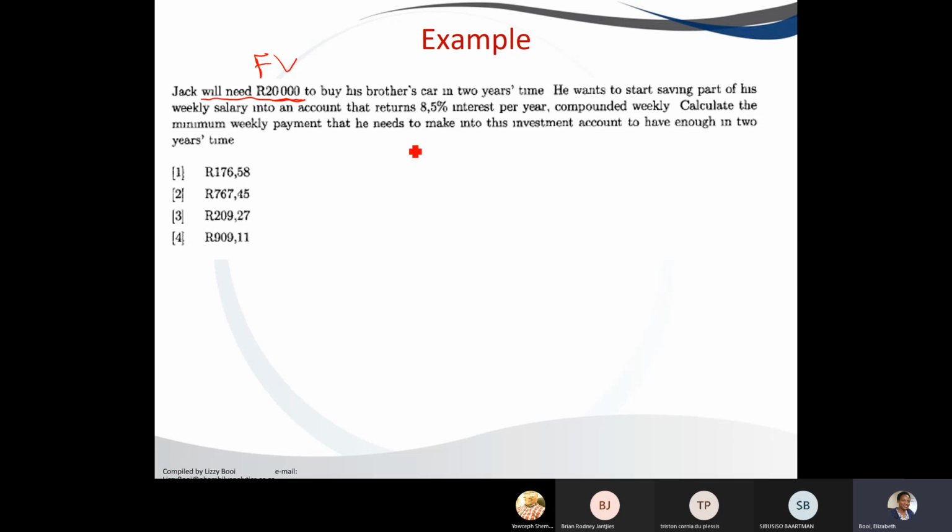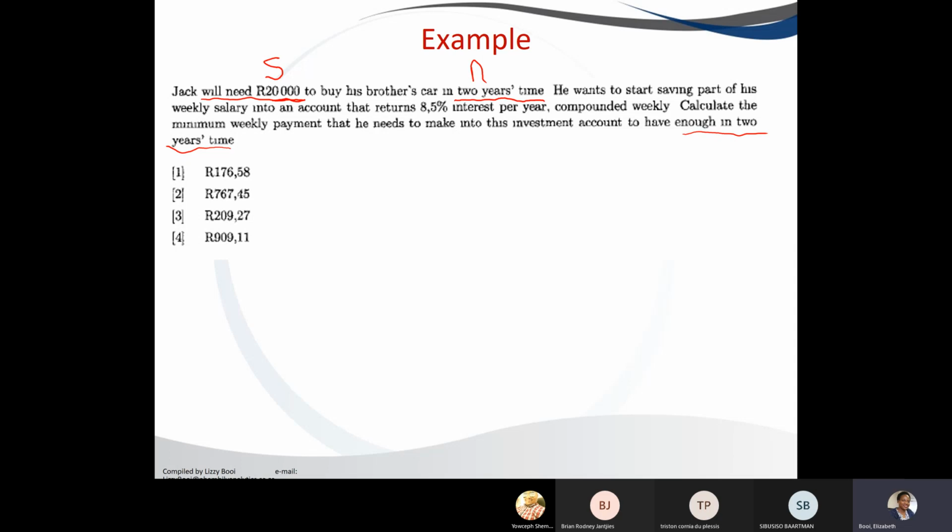And we know that he wants to buy a car in 2 years' time, so we can say our N is 2 years. Since we're doing this manually, this is our future value, which is S, and this is our period, which is N.